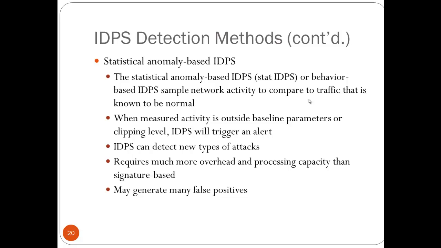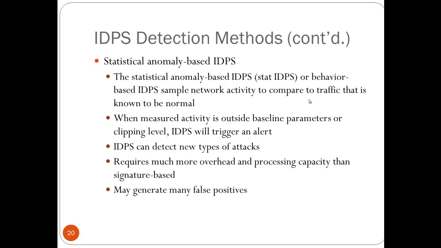It has to establish some sort of performance baseline and then randomly samples network traffic against that baseline to determine if it's what would be considered normal. If the measured activity is outside the baseline perimeter, sometimes referred to as the clipping level, the intrusion detection system will trigger an alert notifying the administrator, who then should begin the incident response process.